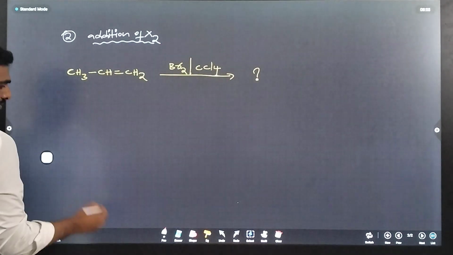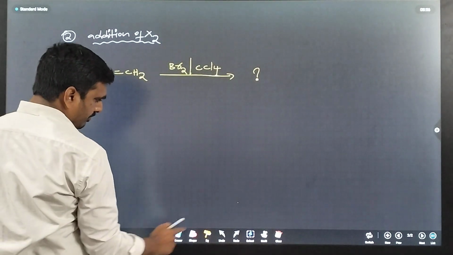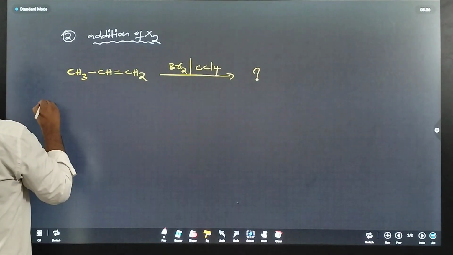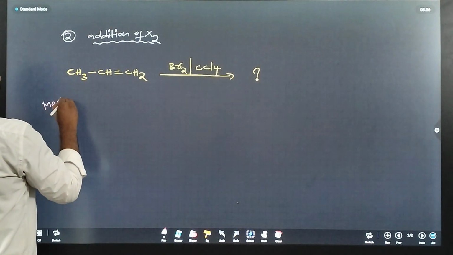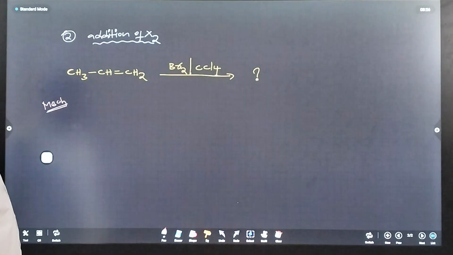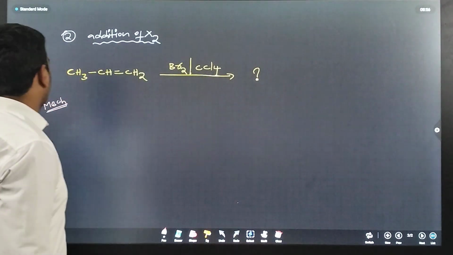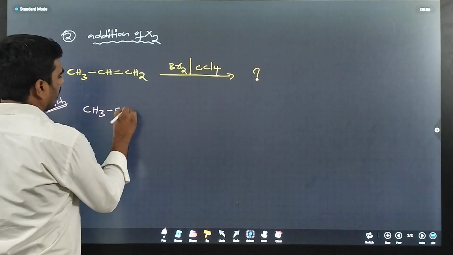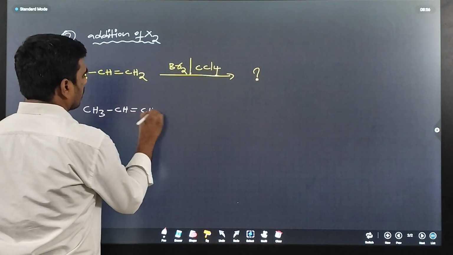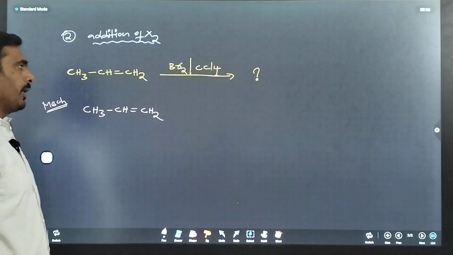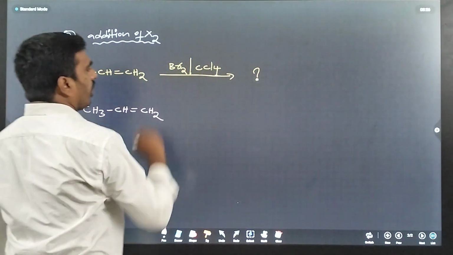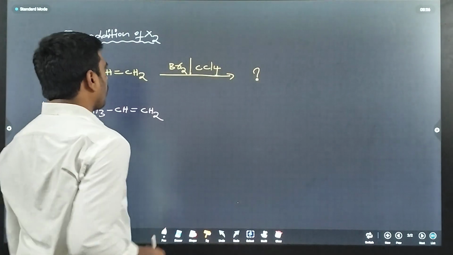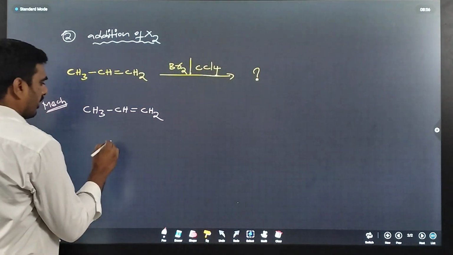So here I can write the mechanism. This is propene, CH3 CH=CH2. CCl4 is a non-polar solvent, and bromine is there.